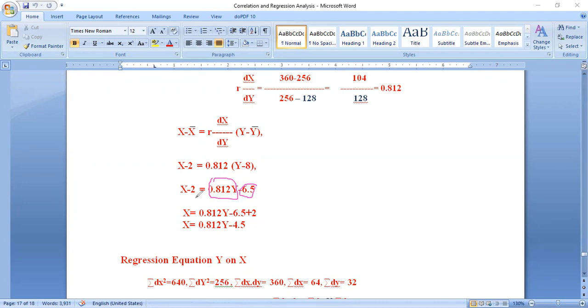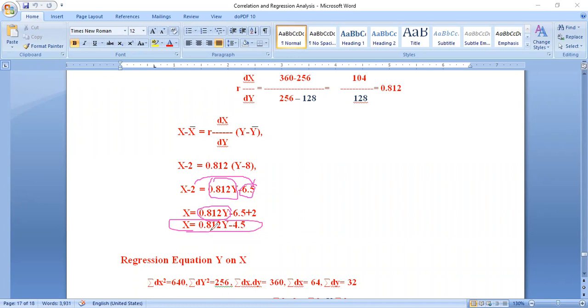Okay, the next, x is equal to 0.812 into y. When the 2 is transferred to the right side, that is 6.5 plus 2, then finally this is the value we got, that is the regression equation x on y.